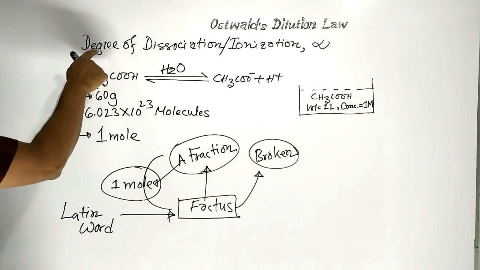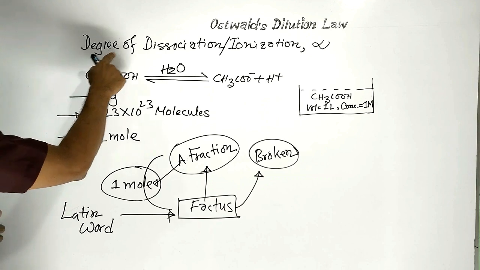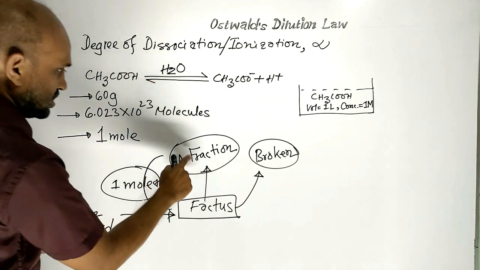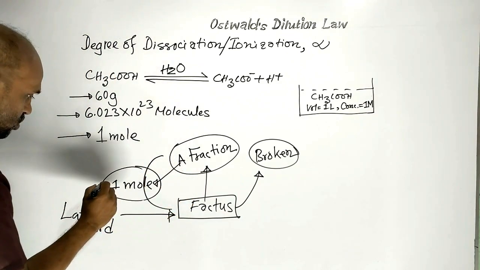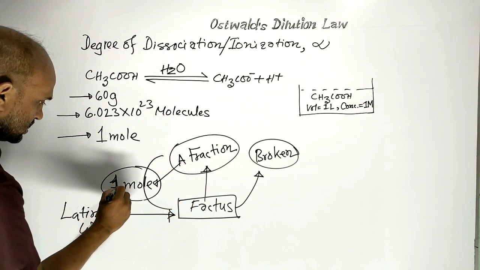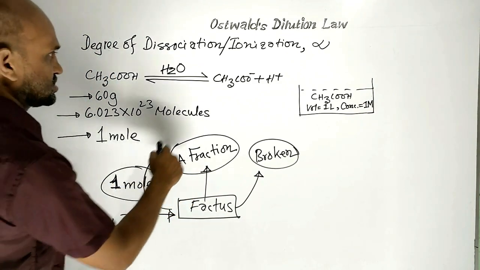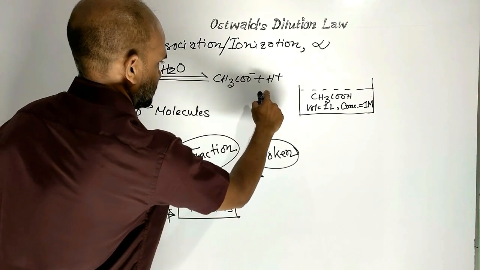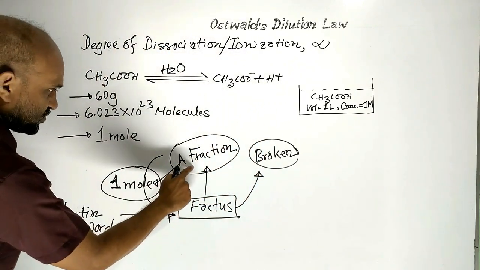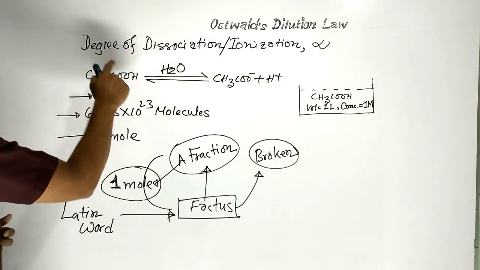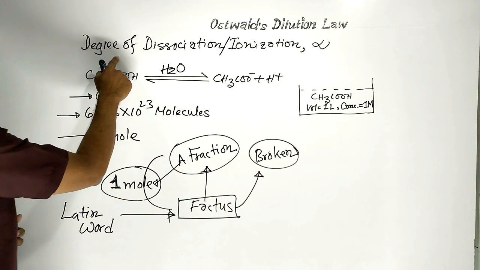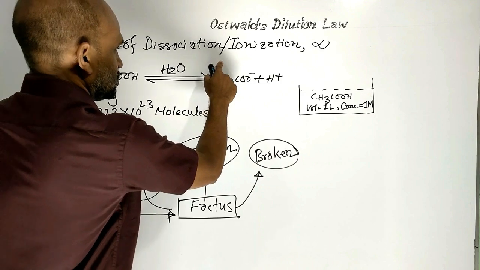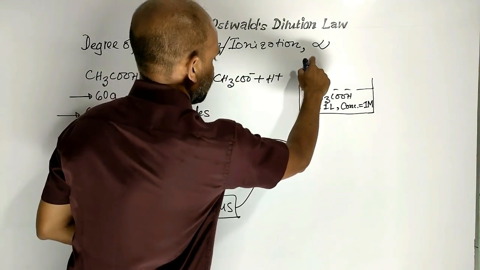Now, what is degree of dissociation? A fraction of substance from 1 mole that dissociates into ions. That fraction is called degree of dissociation or degree of ionization, which is denoted by alpha.